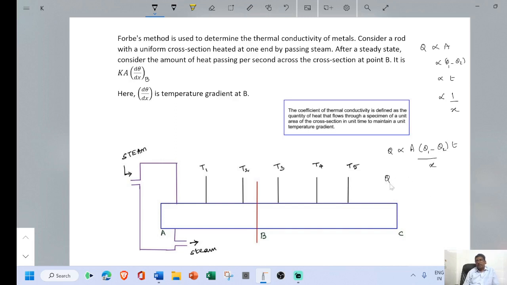To remove the proportionality sign, we have to introduce a constant K called the coefficient of thermal conductivity. Therefore, Q = KA(θ1 − θ2)t/x. But (θ1 − θ2)/x equals dθ/dx, called the temperature gradient.